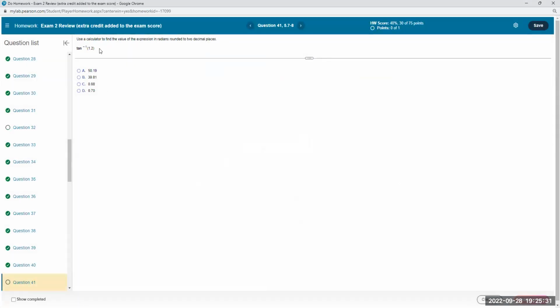All right, now we're going to use a calculator to find the value of the expression in radians, rounded to 2 decimal places. We're looking for tangent inverse of 1.2, and notice it's in radians. So I'm going to bring up my calculator.